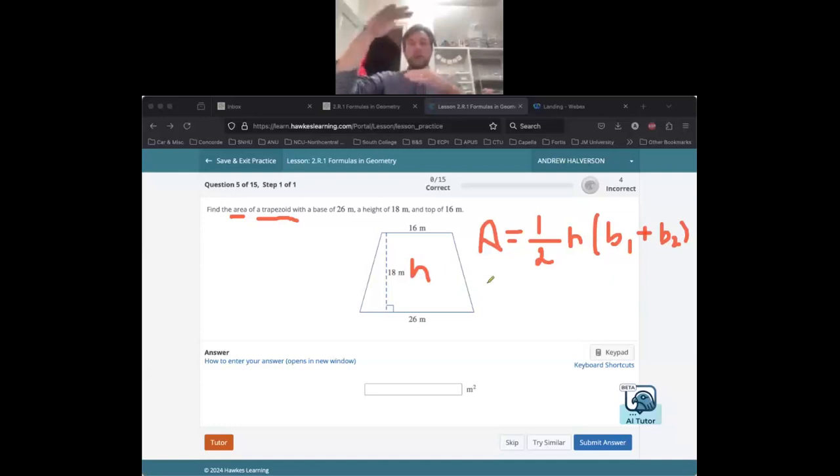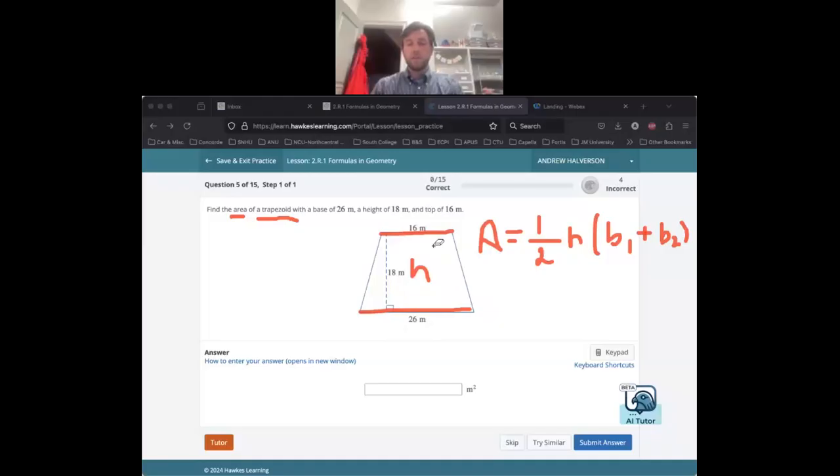In a trapezoid, base 1 and base 2 are the flat lines, the ones that are parallel to each other. Notice this line is parallel to this line. That's what we're calling our base 1 and base 2, 16 and 26.